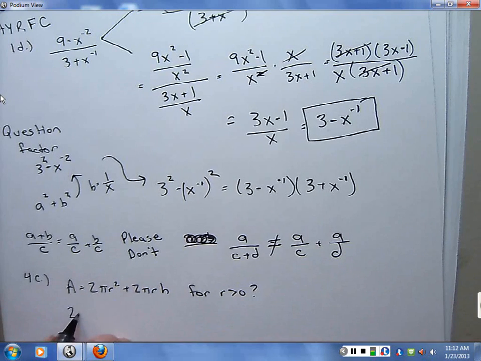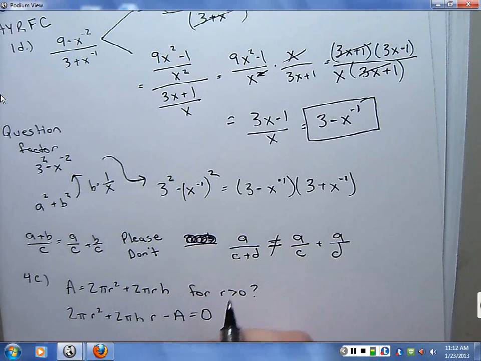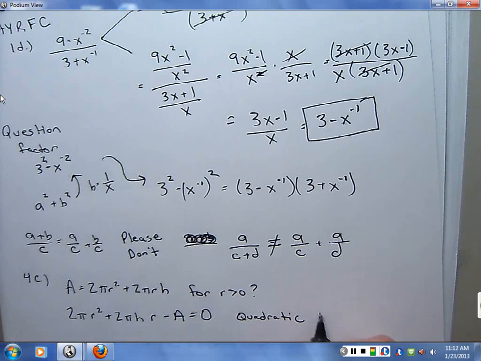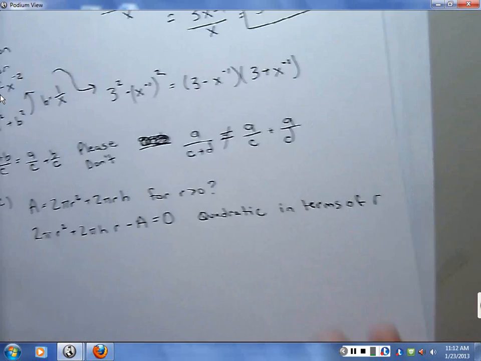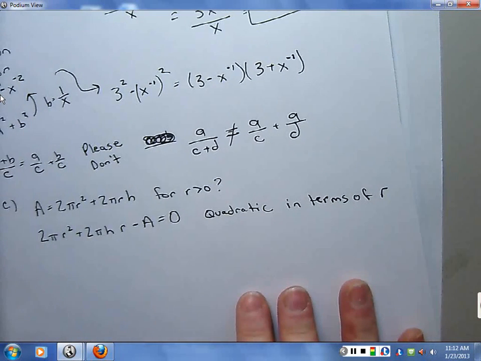So you want to rewrite this, and then this becomes a quadratic, right? This is a quadratic in terms of r.